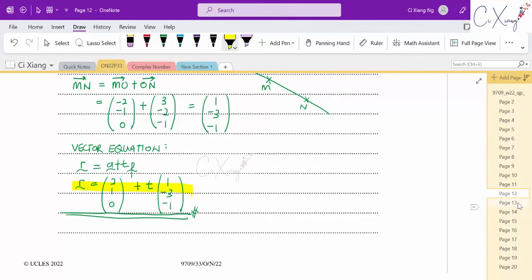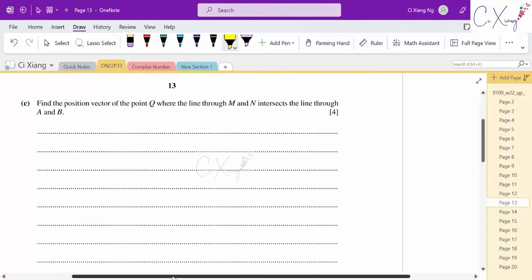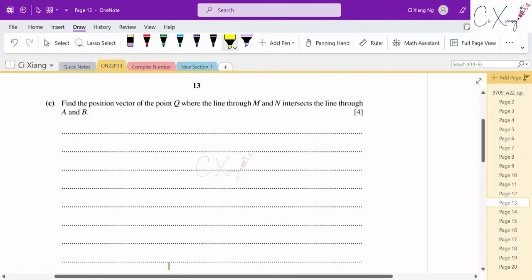Basically, our vector equation for MN looks something like this. Okay? Then how about the next part? For part number C, they want us to find the position vector of Q where the line MN intersects the line AB.